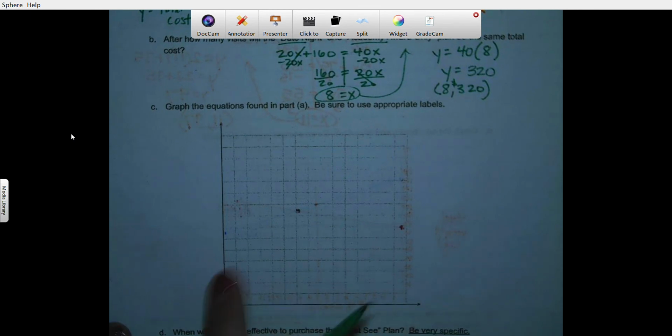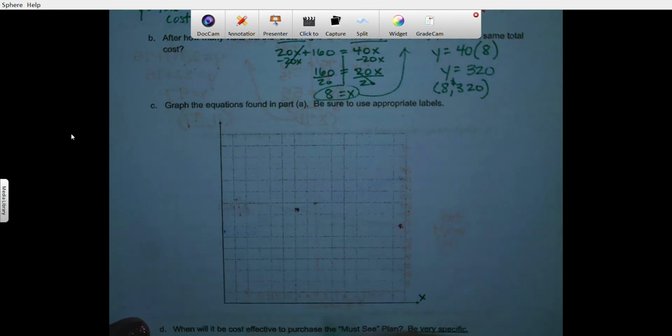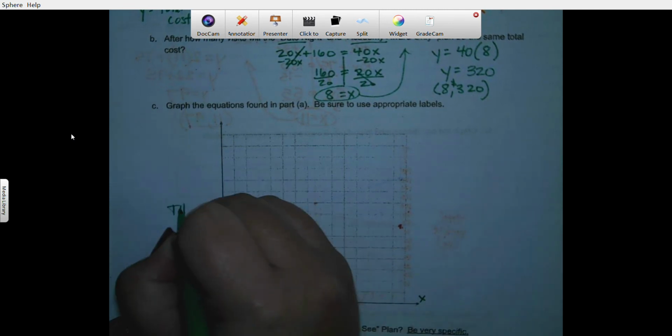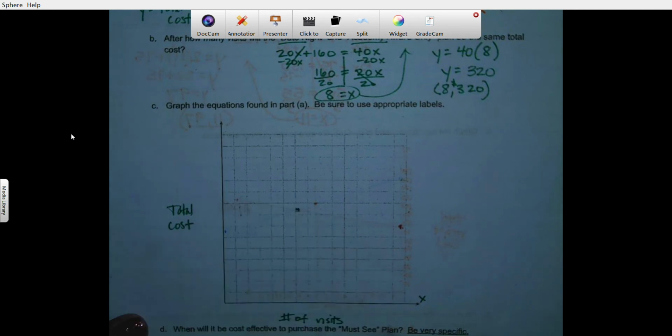Okay, so here my x value tells me number of visits, and my y value, total cost again. Number of visits, I'm going to count by 1 again.